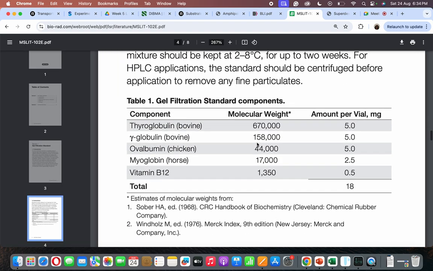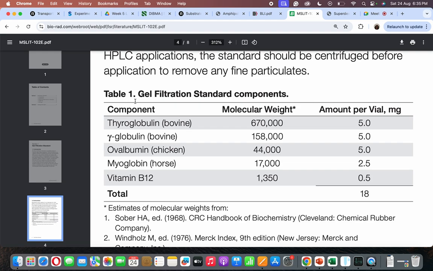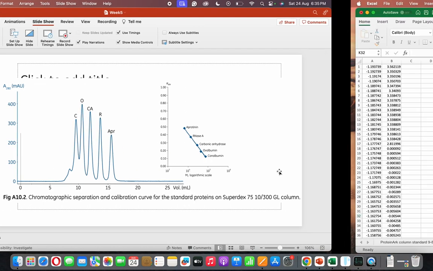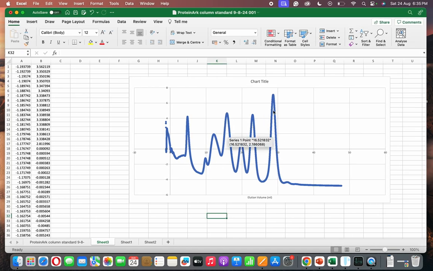But what we're interested in is this part, which tells you the components and the molecular weight. Here I can see that I have 5 proteins of molecular weight 670 kDa, 158 kDa, 44 kDa, 17 kDa, and 1.3 kDa. And these will correspond to my 5 peaks over here.